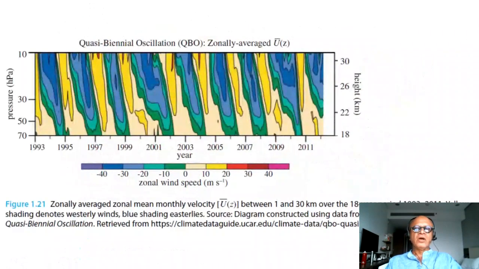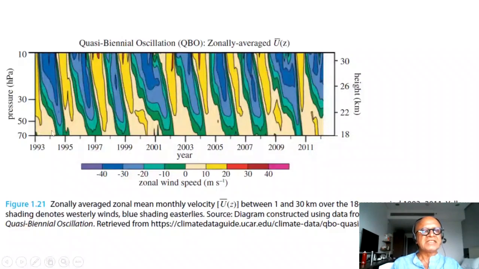Okay, we will learn briefly about the stratospheric intrusions in the so-called quasi-biennial oscillations, where you can see that this is going into the stratosphere in the pressure level, and this is showing zonally averaged zonal monthly mean velocity, and you can see that it propagates down, so there is a clear time scale associated with it.